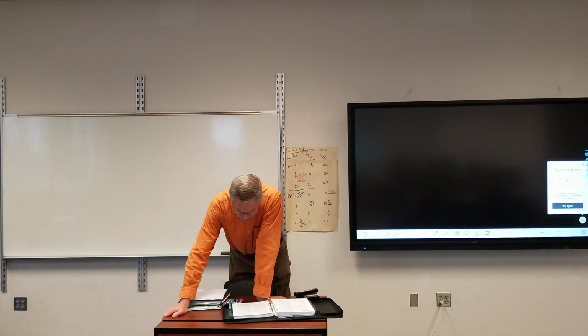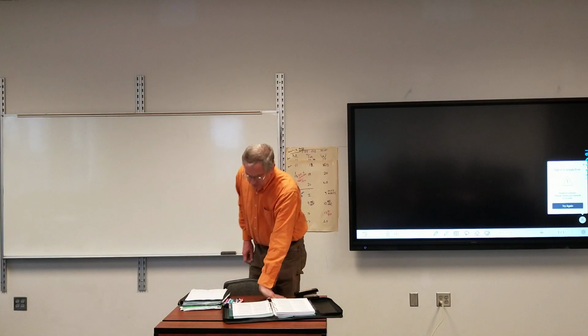All right. So a muon has a rest mass energy of 105.7 MeV. It decays into an electron and a massless particle.